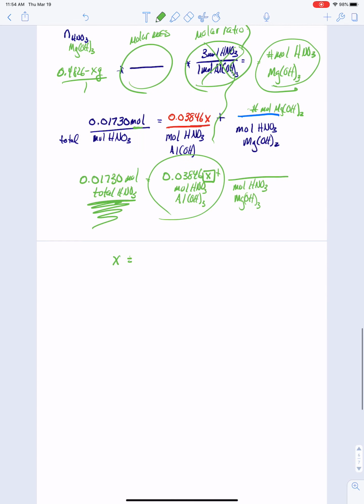Tablet, I get to draw here, so there's a certain percentage, a certain portion of this. So what's the percent of the aluminum hydroxide in this tablet?